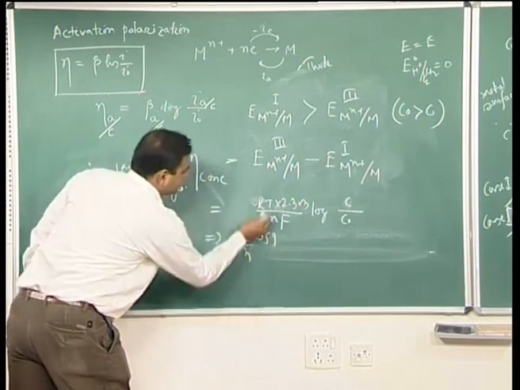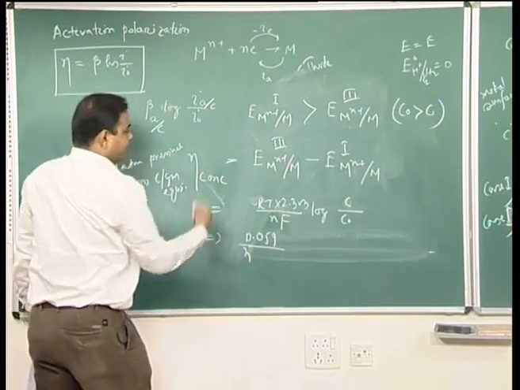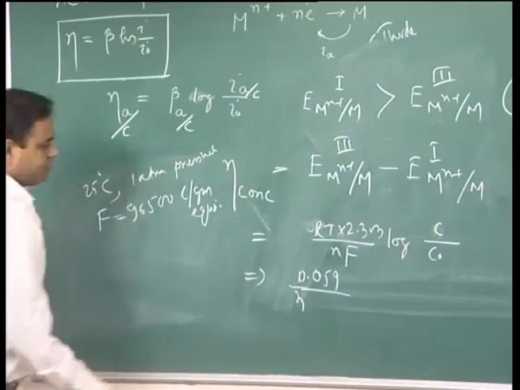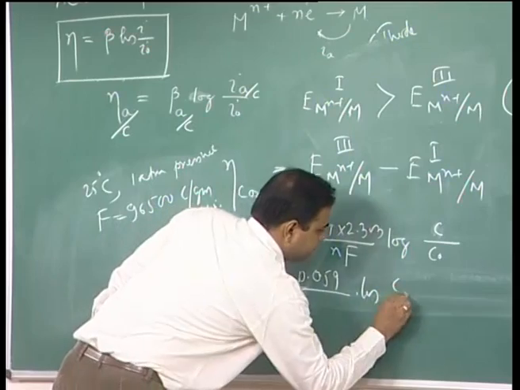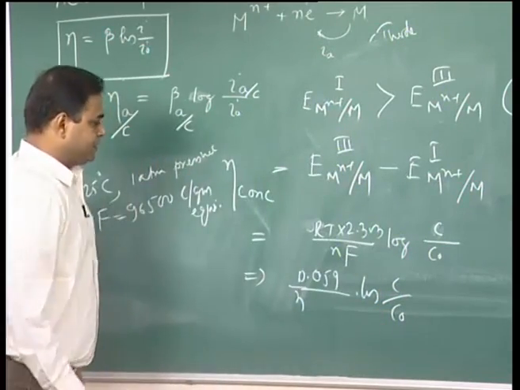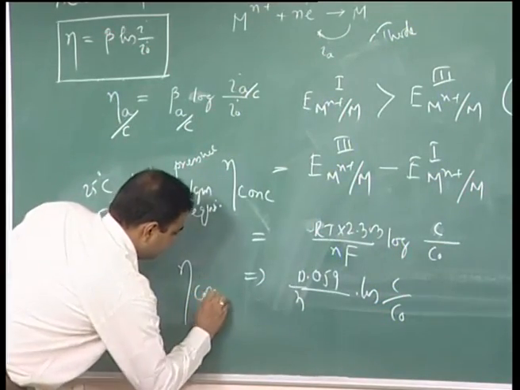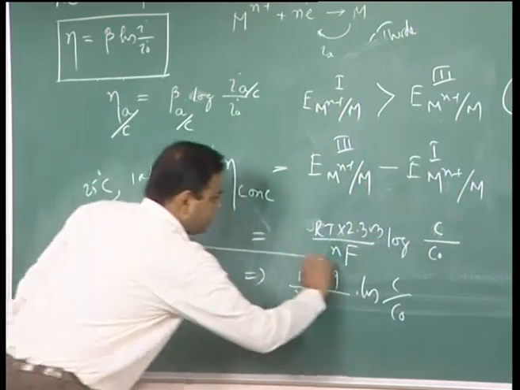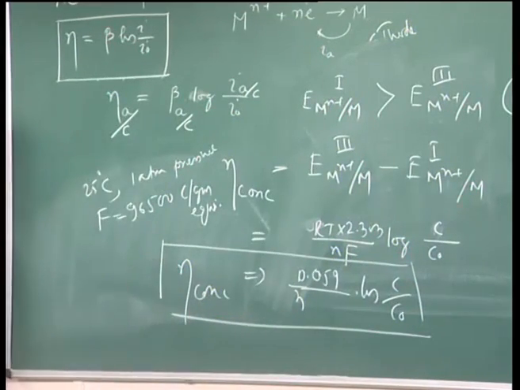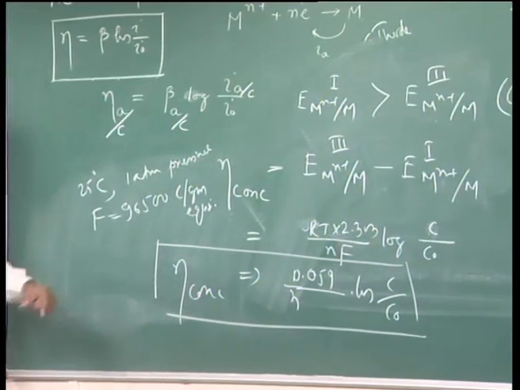You just put all those values, R is 8.314, into log of C by C0. So, I have gotten one important correlation with the overvoltage, that is because of concentration difference.